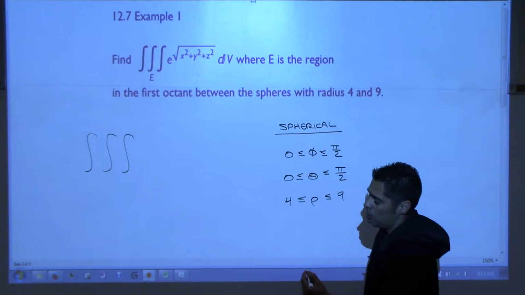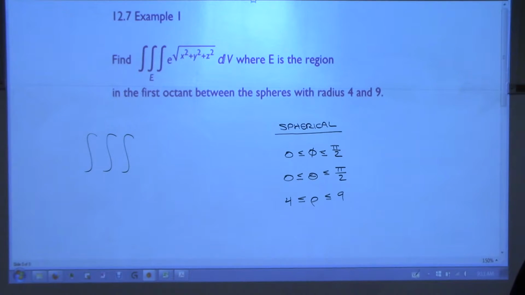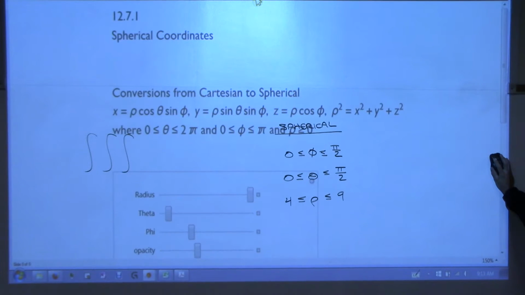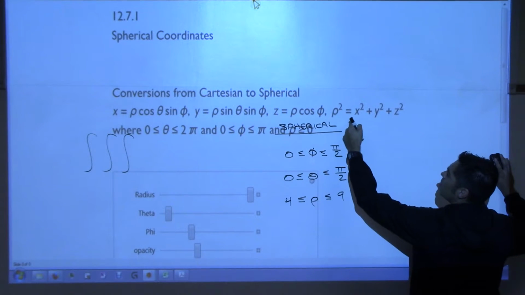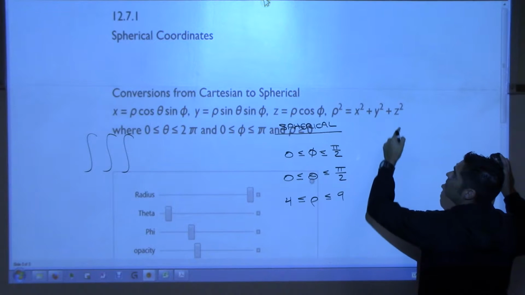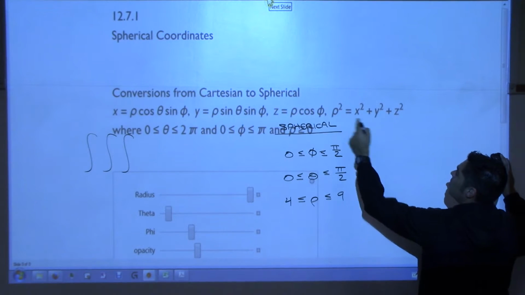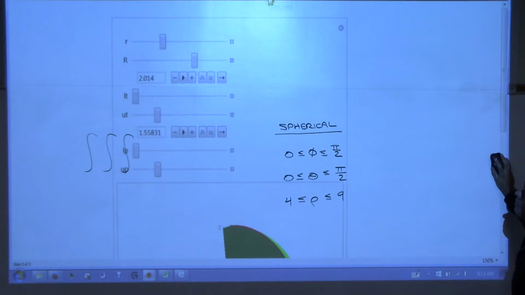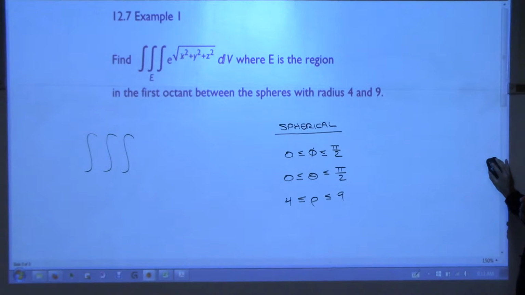Well, remember earlier when I had this note up here that there was a nice equation right here. Rho squared is x squared plus y squared plus z squared. So if I take the square root on both sides, right? This inside piece right here is x squared plus y squared plus z squared. That is rho squared.